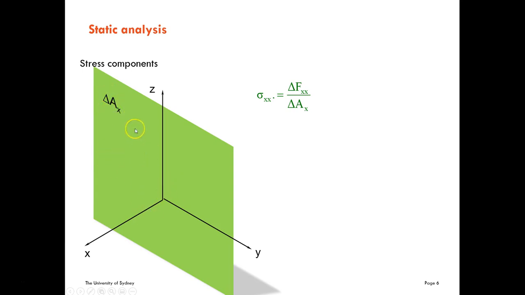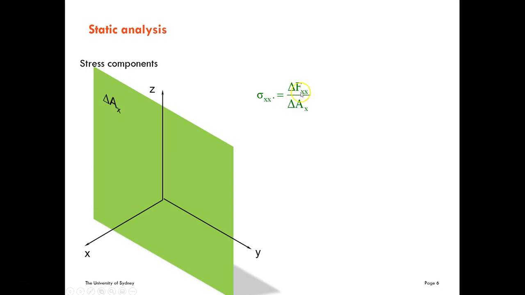The area of this plane is going to be delta Ax. Delta A because it's an infinitesimal area, and x because it's perpendicular to the x direction. The axial stress, sigma xx, is going to be defined as the limit of this force over this area.